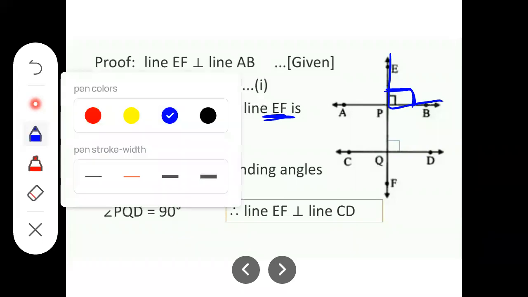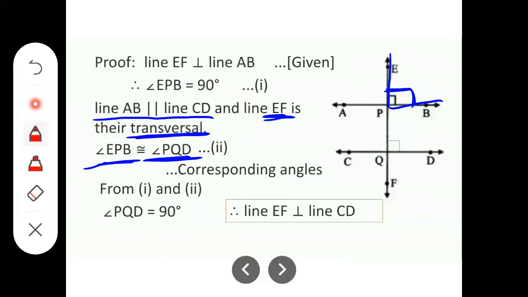So where is PQD? That angle PQD, right? Those will be congruent to each other.